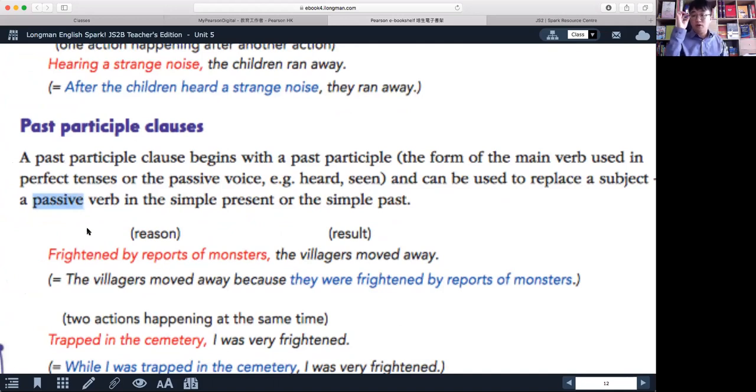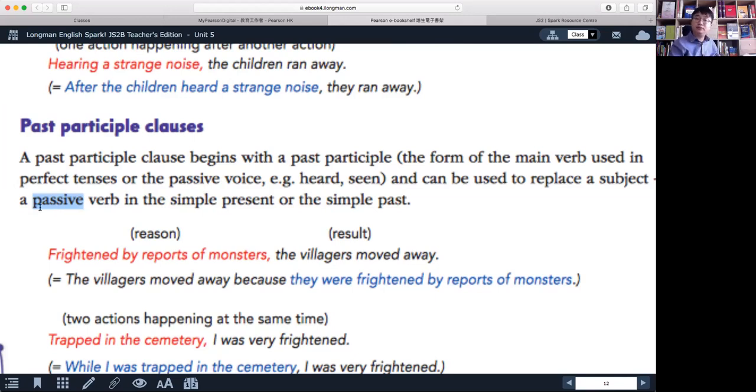Remember when I talked about present participle clause, I said it is used to replace a subject and an active verb. So now we use it to replace a passive verb. Passive. Do you still remember what passive is?